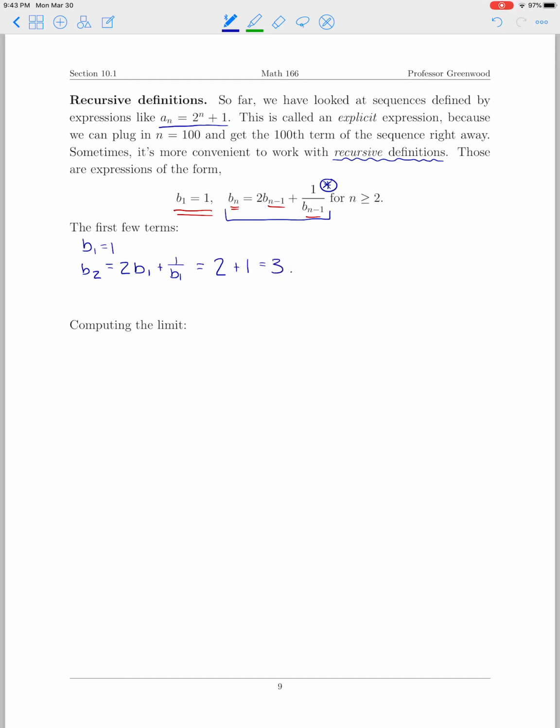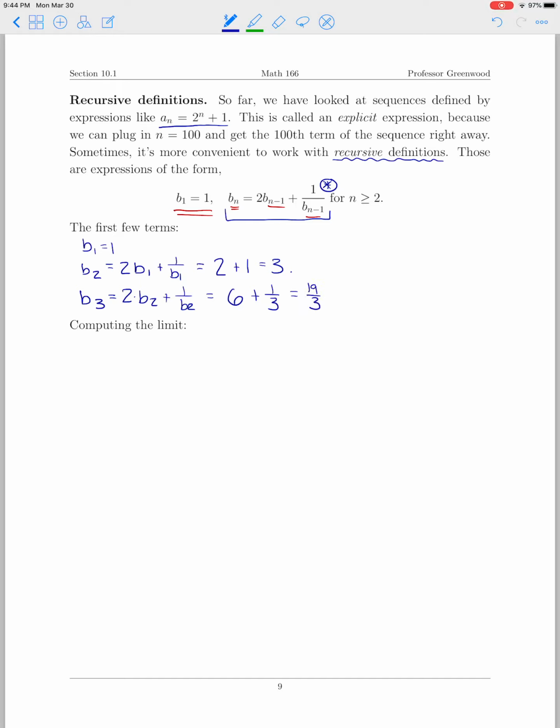Now I could use this information to figure out what b sub 3 is, because I know that b sub 3 will have to be 2 b sub 2 plus 1 over b sub 2. Then I can plug in the computation I just did on the previous line, and that should be equal to 6 plus 1 over 3. If I feel like simplifying this, you could see that this is going to be 19/3.